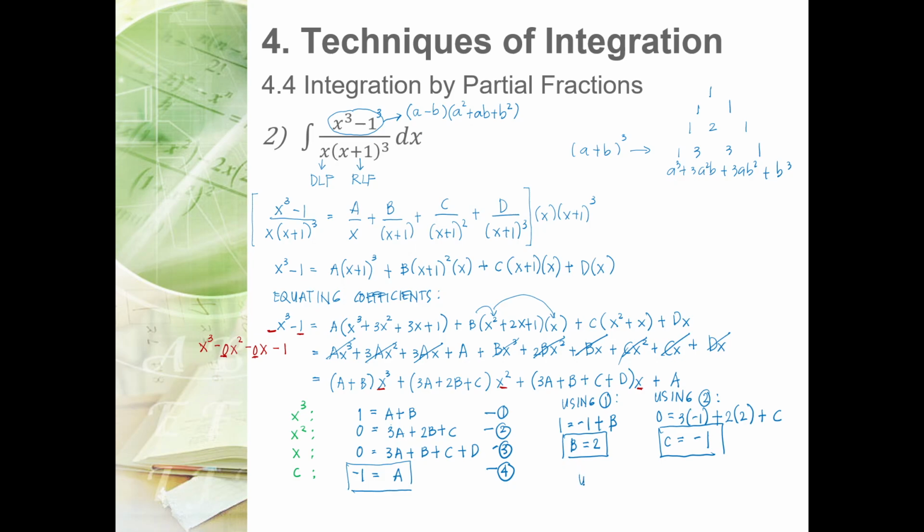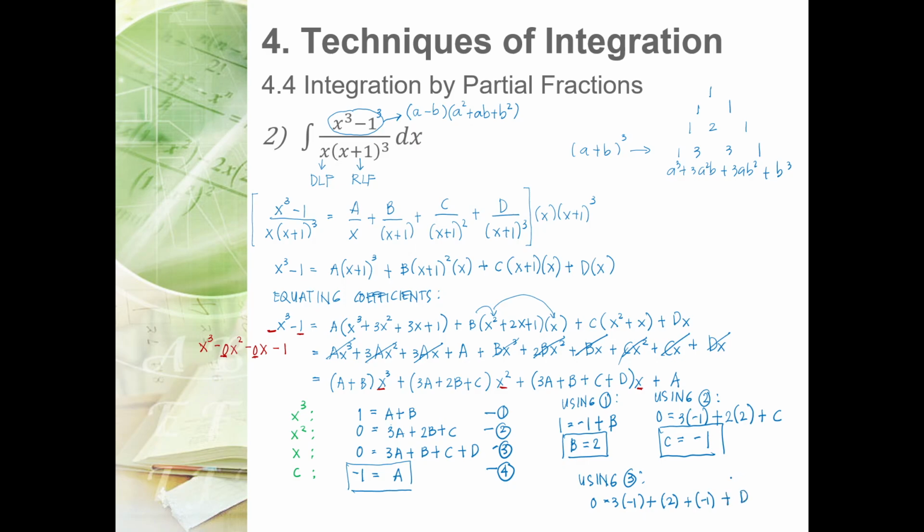Then lastly is d. Using equation 3, you're going to have 0 equals 3 times negative 1 plus 2 plus negative 1 plus d.